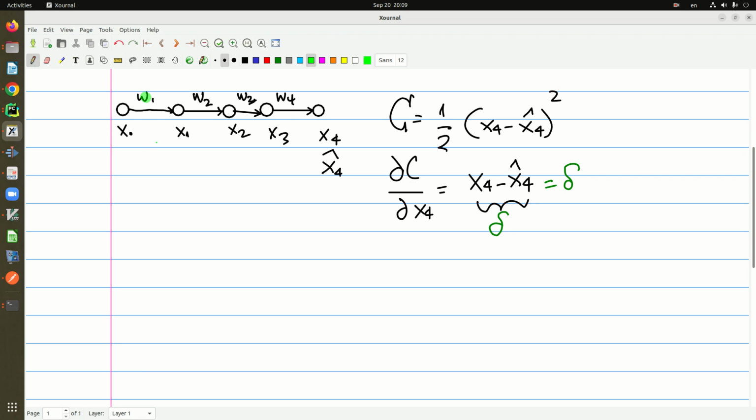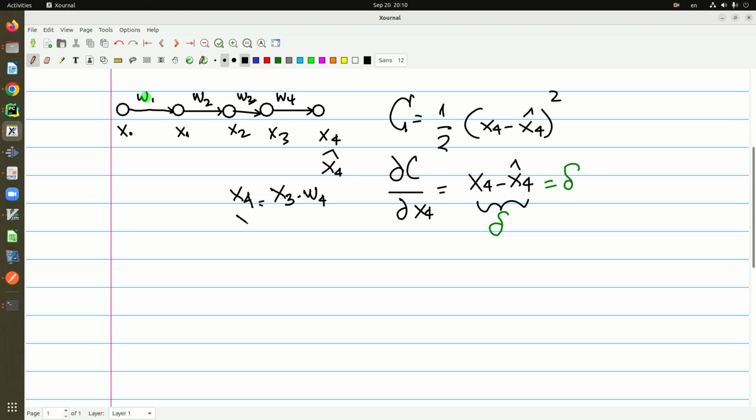Obviously, what we know is x0 and the expected value, and we also know that the relation between subsequent layers is always linear. What does this mean? This means that, for example, x4 is x3 times W4.